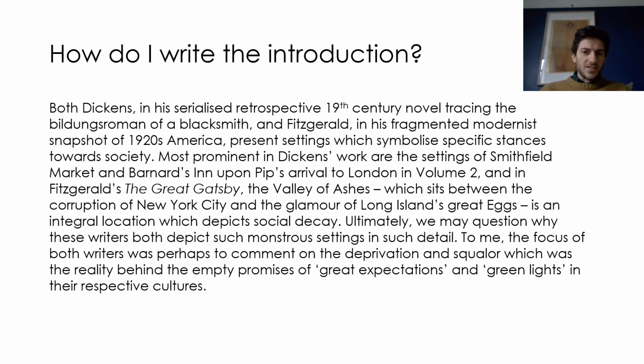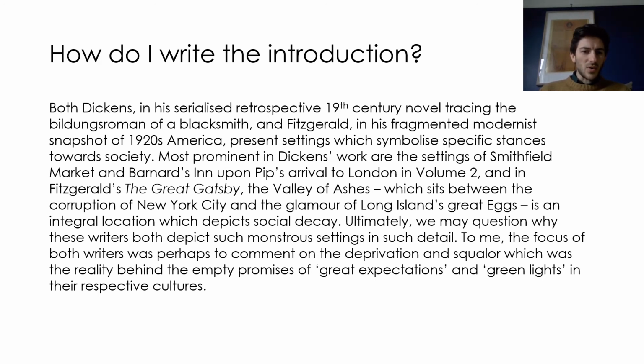Both Dickens, in his serialized retrospective 19th century novel tracing the Bildungsroman of a blacksmith, and Fitzgerald, in his fragmented modernist snapshot of 1920s America, present settings which symbolize specific stances towards society. Most prominent in Dickens's work are the settings of Smithfield Market and Barnard's Inn upon Pip's arrival to London in Volume 2, and in Fitzgerald's The Great Gatsby, The Valley of Ashes, which sits between the corruption of New York City and the glamour of Long Island's great eggs, is an integral location which depicts social decay.